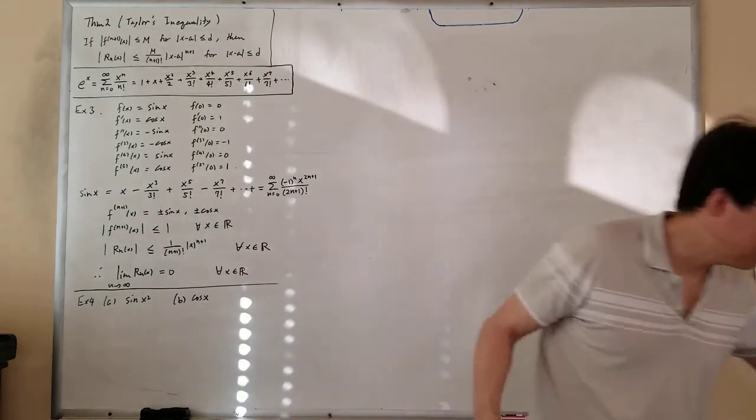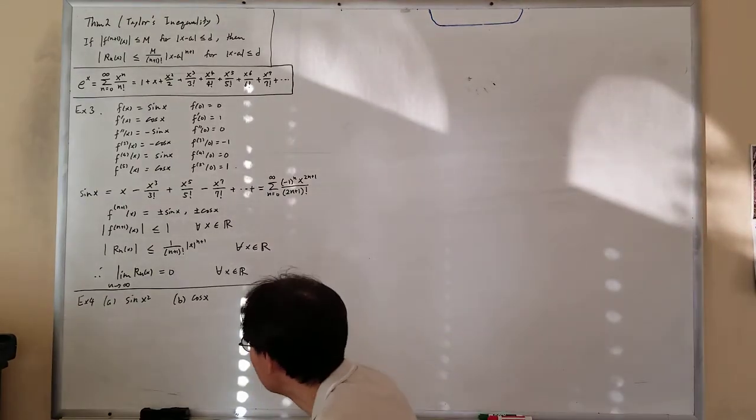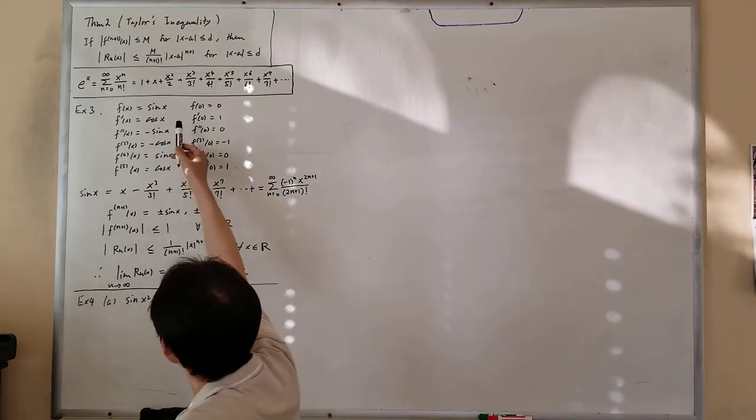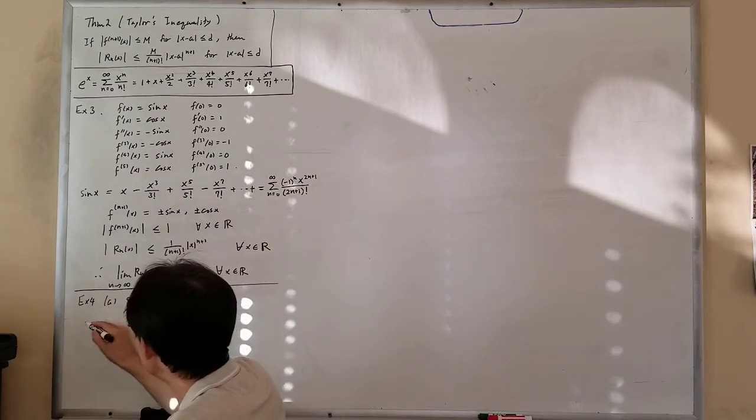So in b, yes, you can go through the same thing. Cosine of x: f of x is cosine, f prime is minus sine, f double prime is minus cosine. Or you can use this.